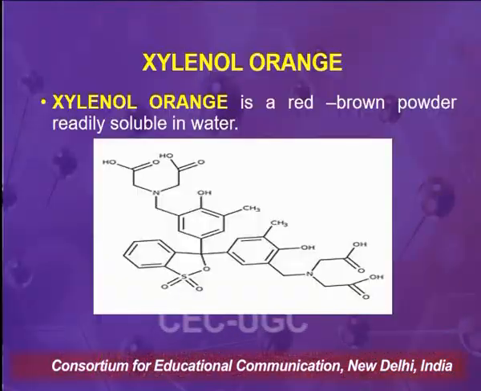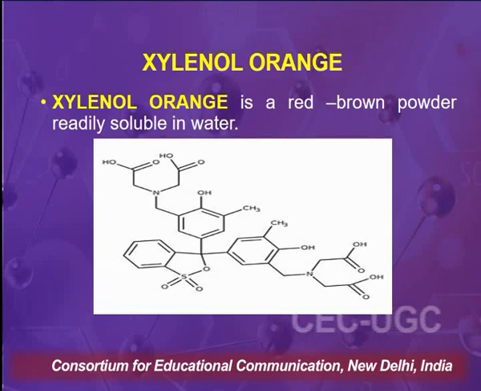Again, in the category of these metal indicators, another example is xylenol orange. Xylenol orange is a red brown powder which is readily soluble in water, and the adjoining figure gives the structure of xylenol orange.